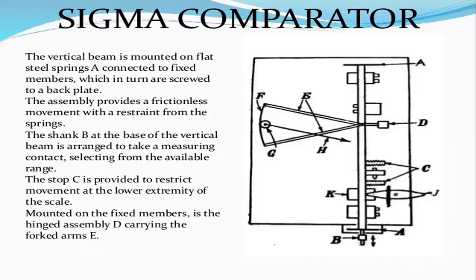The shank is at the base. So this is the shank at the base of the vertical beam, which is arranged to take a measuring contact that is selected from an available range.